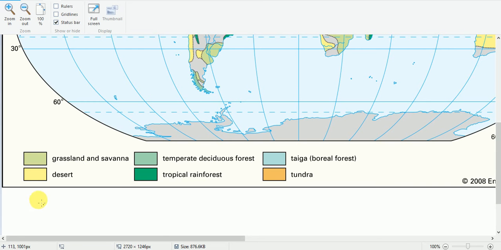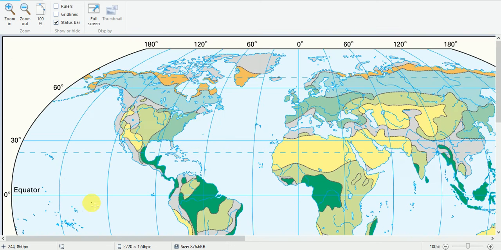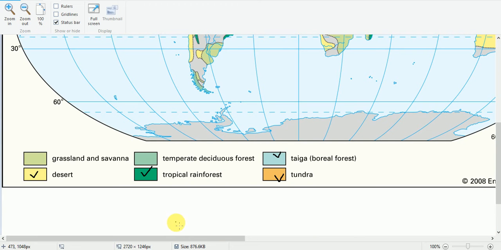This light yellow indicates deserts. This dark green is tropical rainforest. Then this dark yellow represents tundra, and light blue is taiga. So, for example, tropical rainforest.